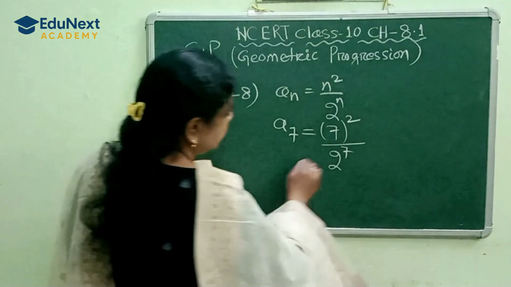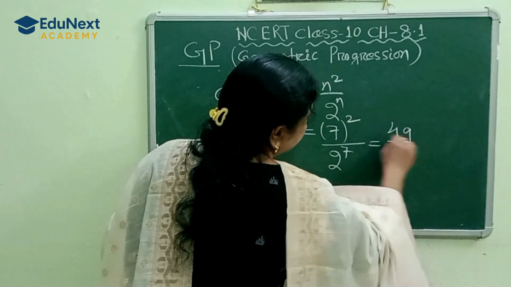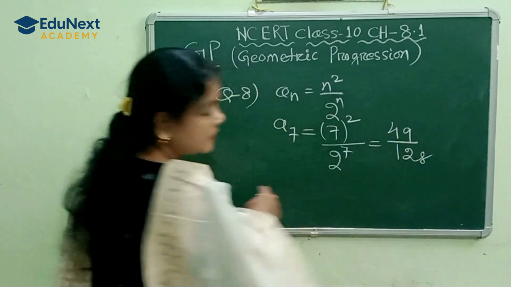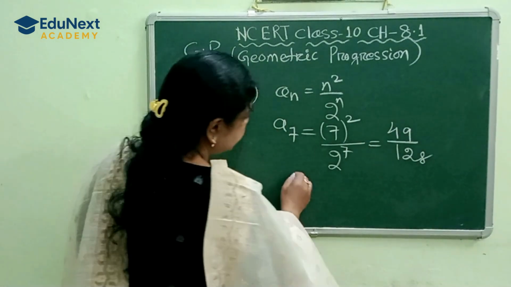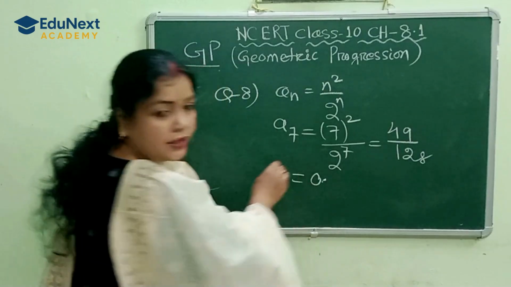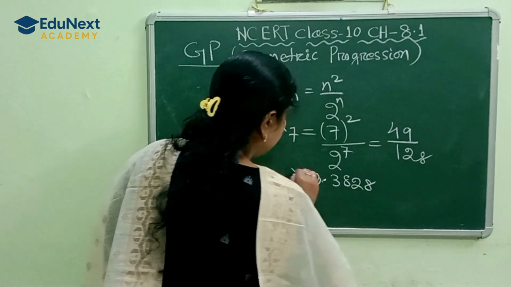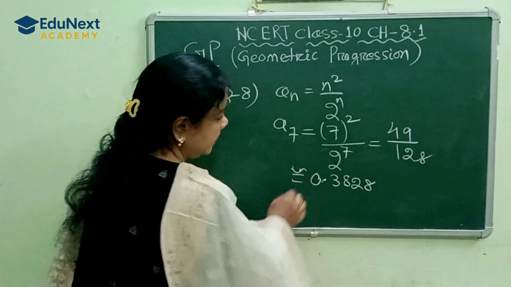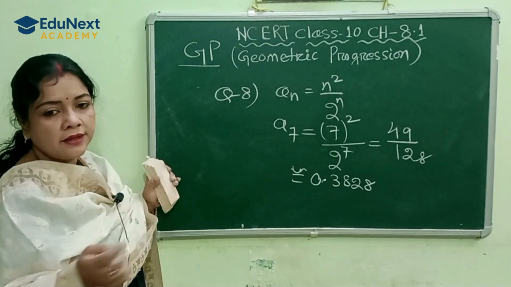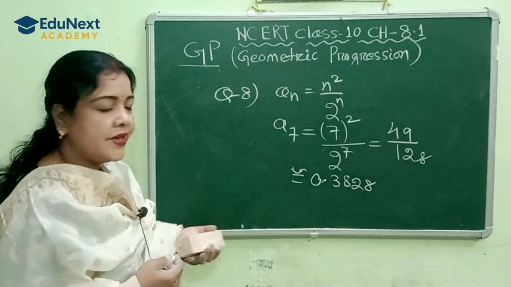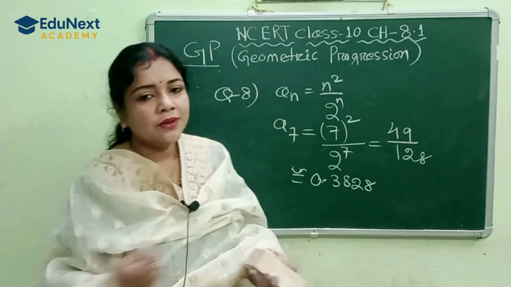That is 49 by 128. The final answer is nearly equal to 0.3828. So in this way, you can solve all the problems.